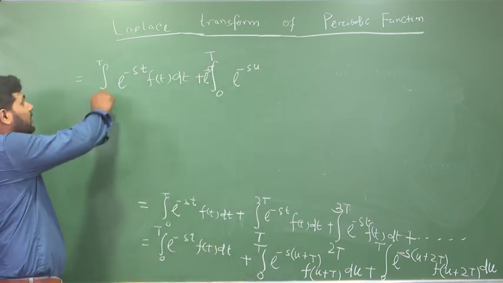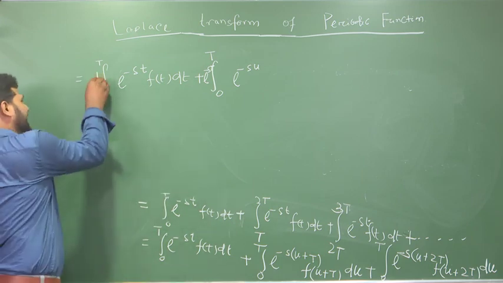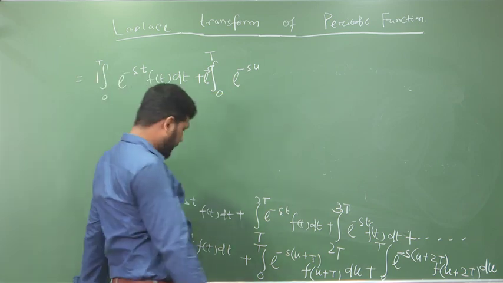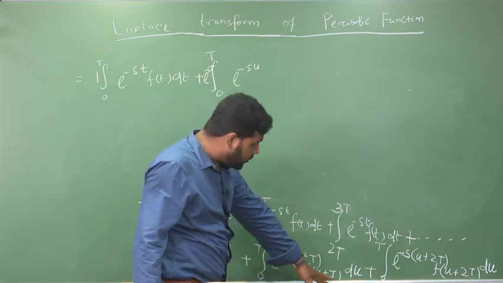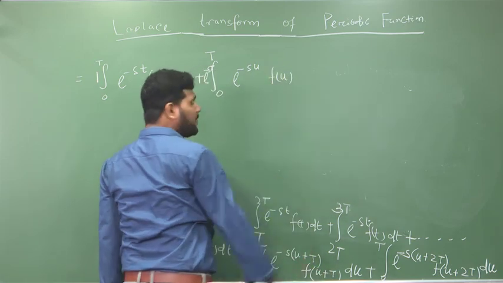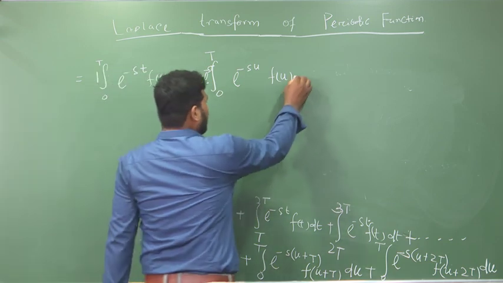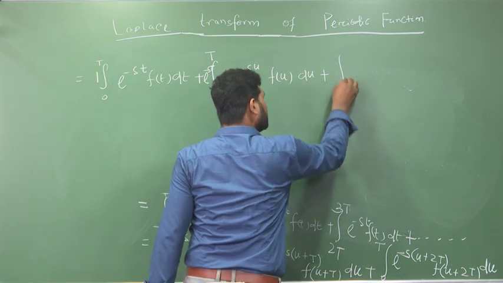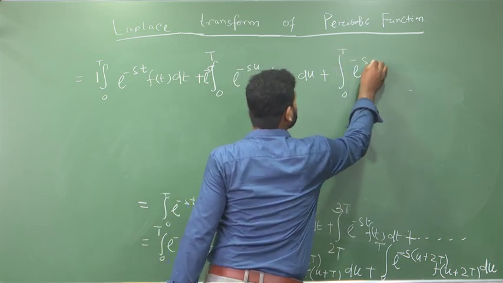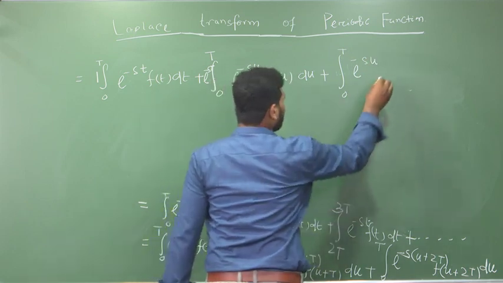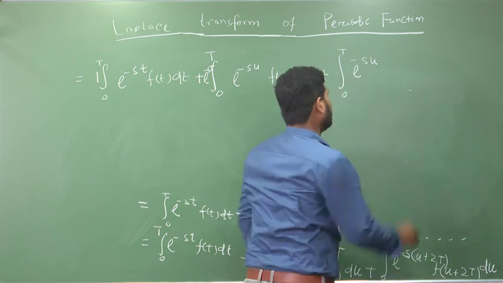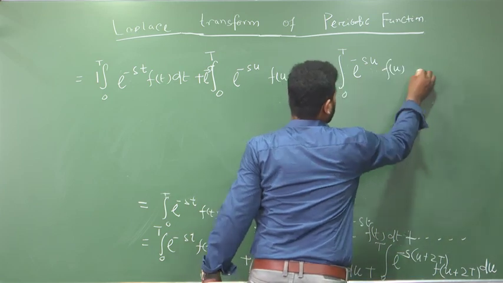Notice in the first term nothing is there, only 1 is there. In the second term I have a multiple. Okay, what is left? f of u plus T. That is the function f of u. And what is left now? du. 0 to T e power minus su. So this f of u plus 2T is again f of u due to the periodic nature.